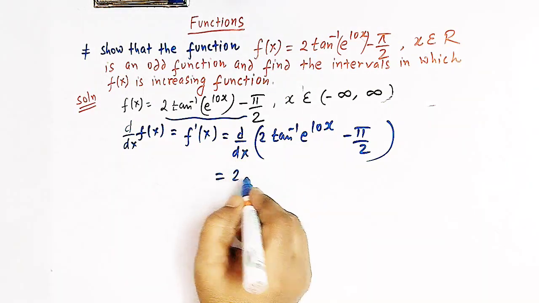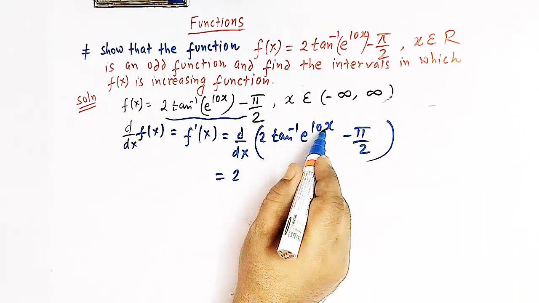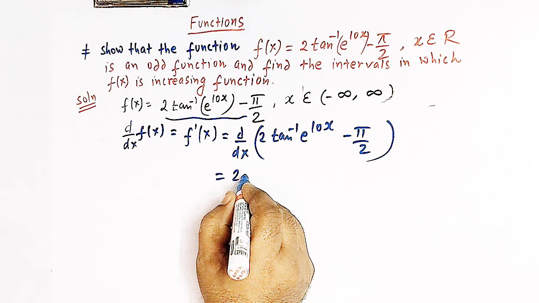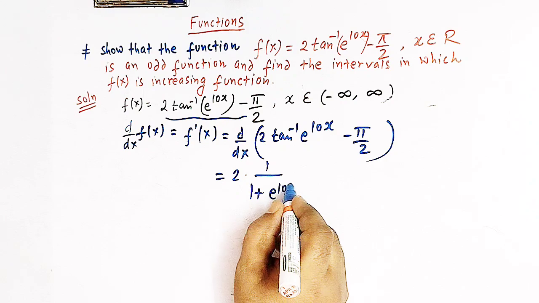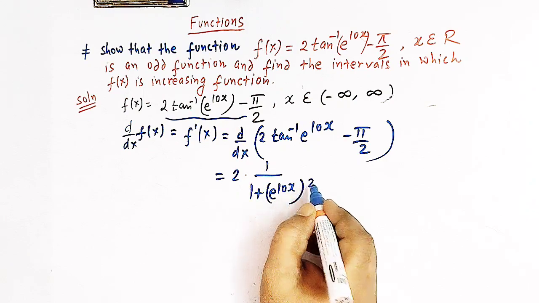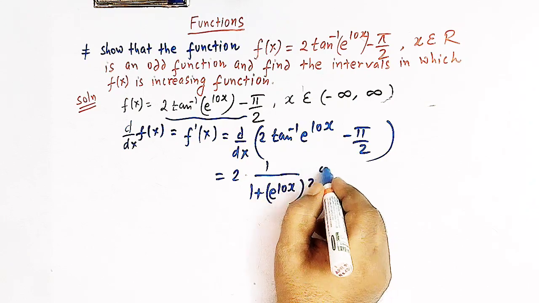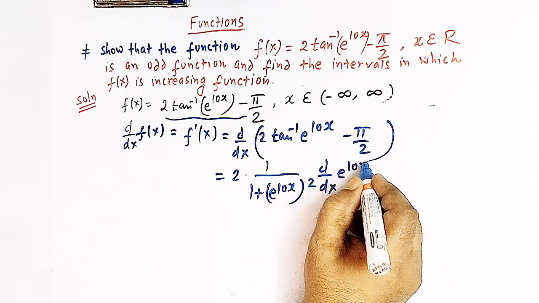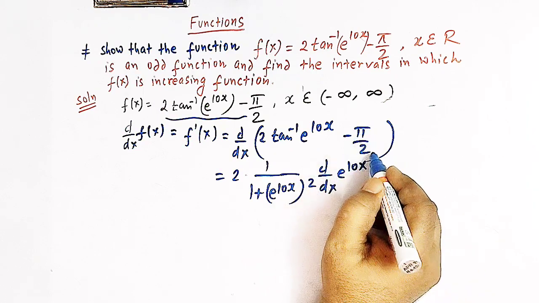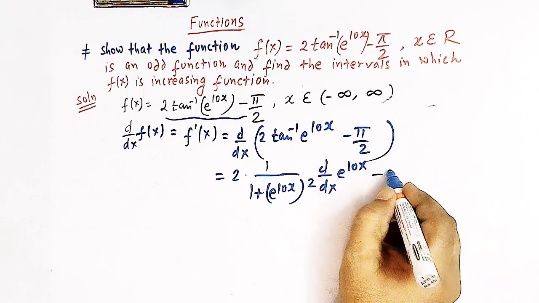So the derivative of tan inverse e raised to 10x is given by 1 over 1 plus e raised to 10x square, and then by chain rule we have to find the derivative of e raised to 10x, and the derivative of pi by 2 is 0, right?